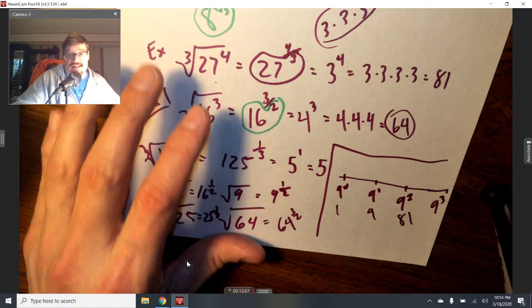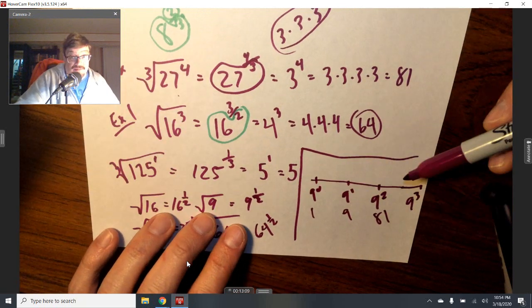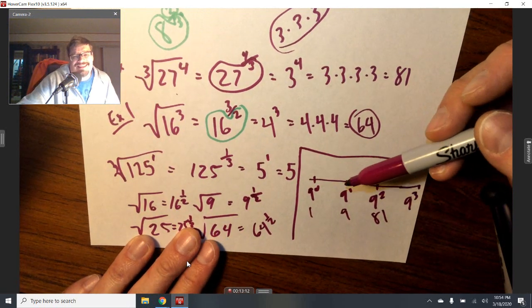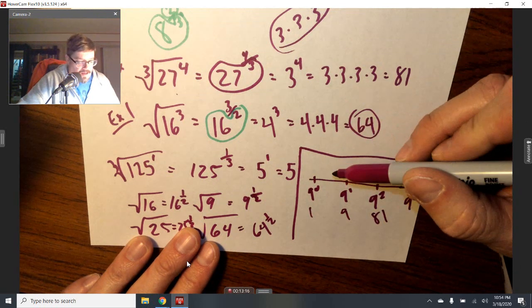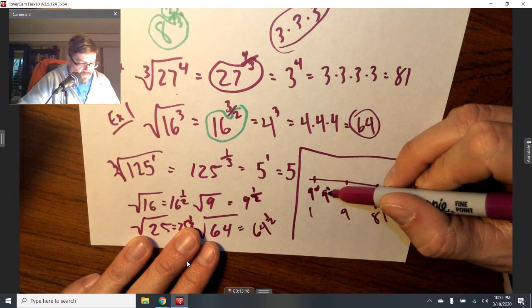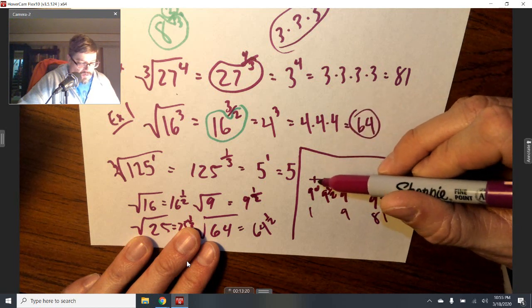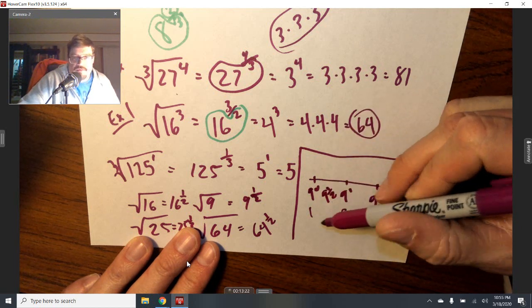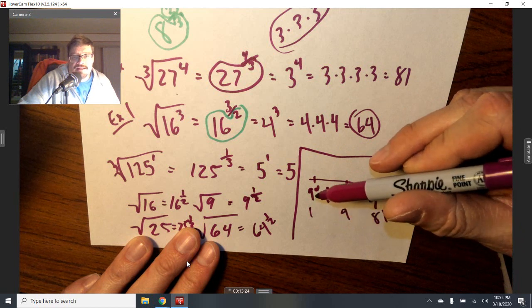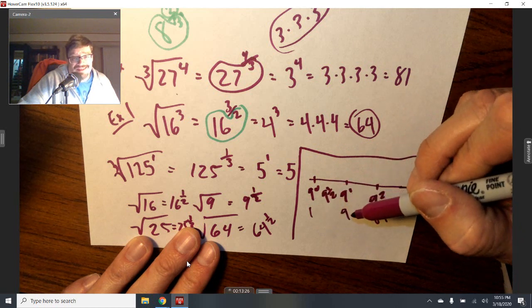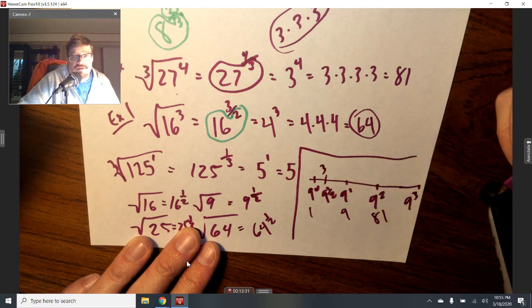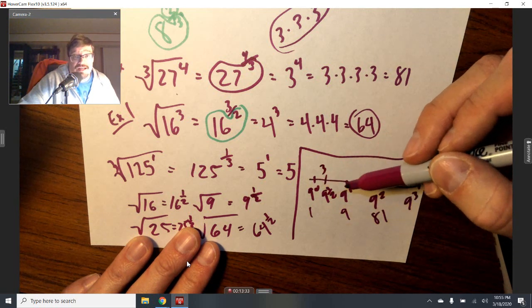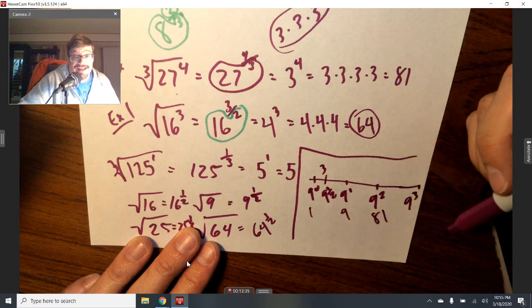This is not to scale, right? This is exponential. But if I were to take the half root of 9, 9 to the 1/2, what we're dealing with is going in between 1 and 9, right? Because 9 to the 0 is 1, 9 to the first is 9, 9 to the 1/2 is actually the square root of 9, so it's going to be in between 1 and 9.